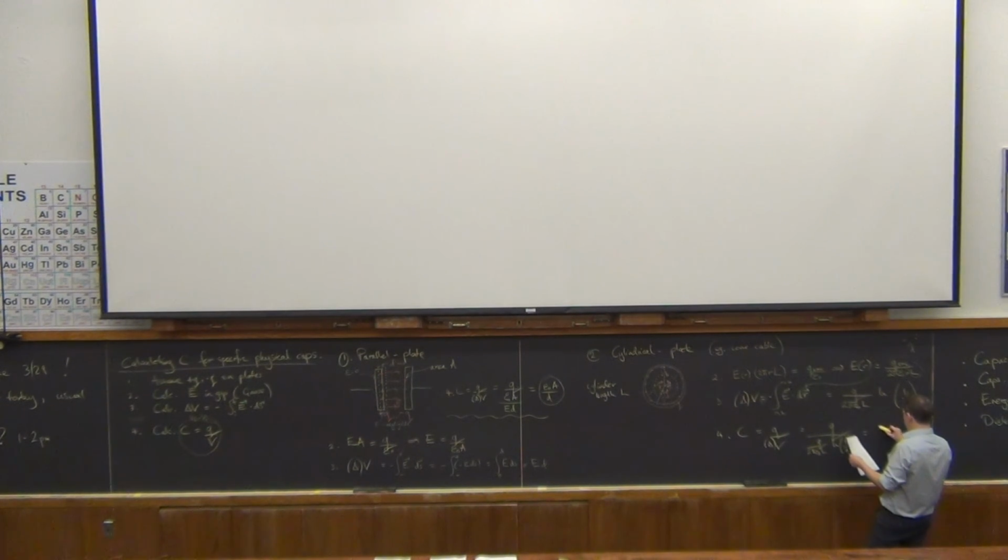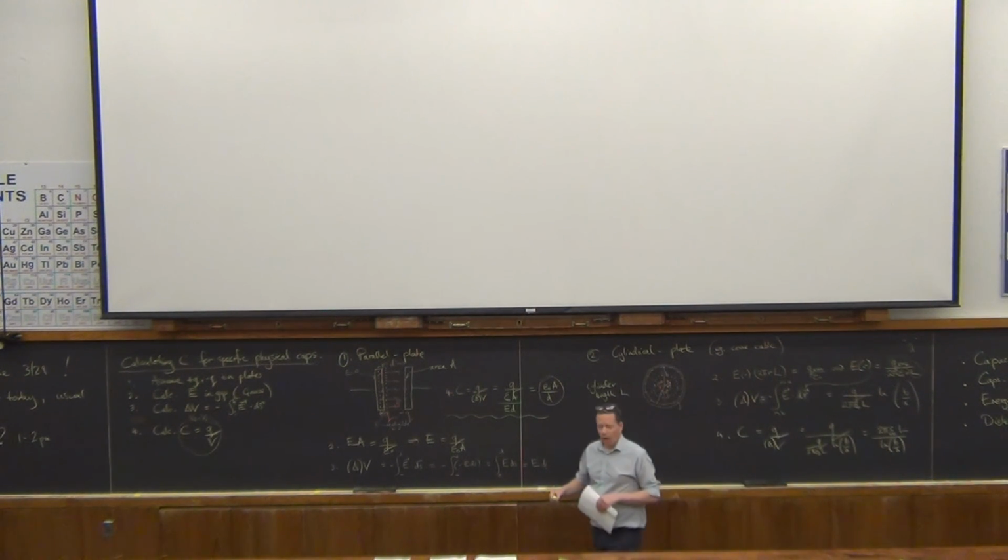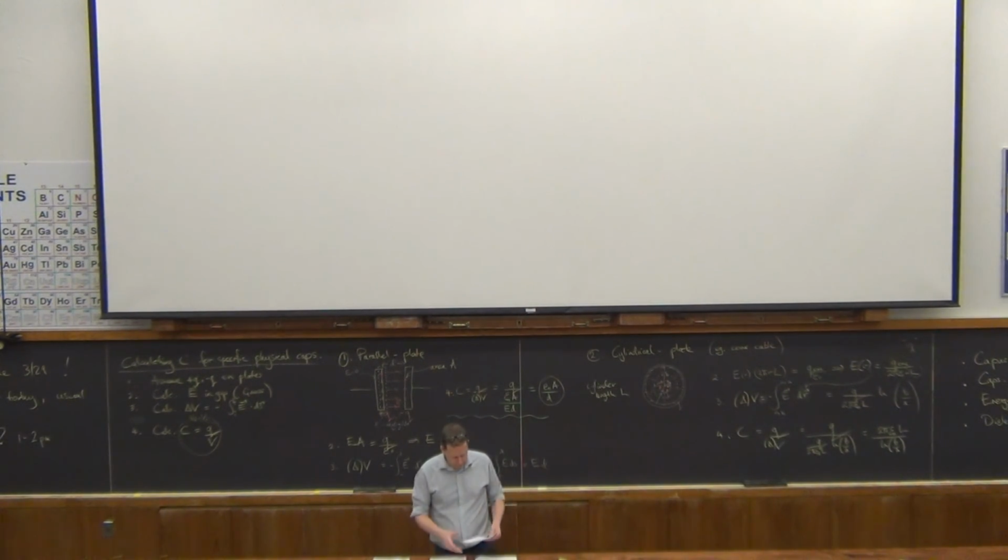And so it just becomes 2 pi epsilon L over the logarithm of B over A, something like that. Okay, so that's the standard procedure this time for the cylindrical geometry. I'm not going to go over the spherical case. There's a little bit in my notes about that, and there's probably also a little bit in our text.